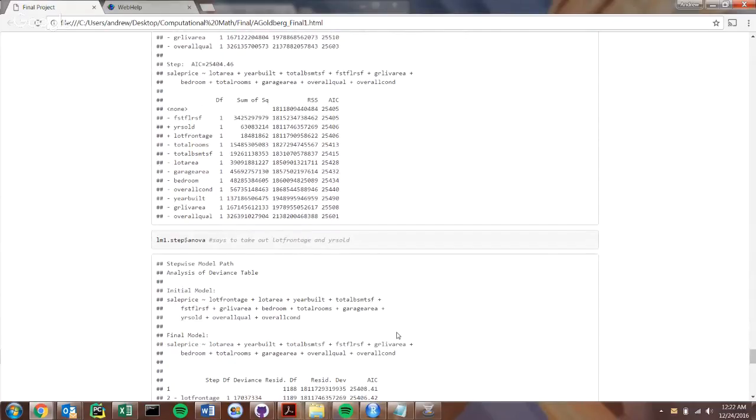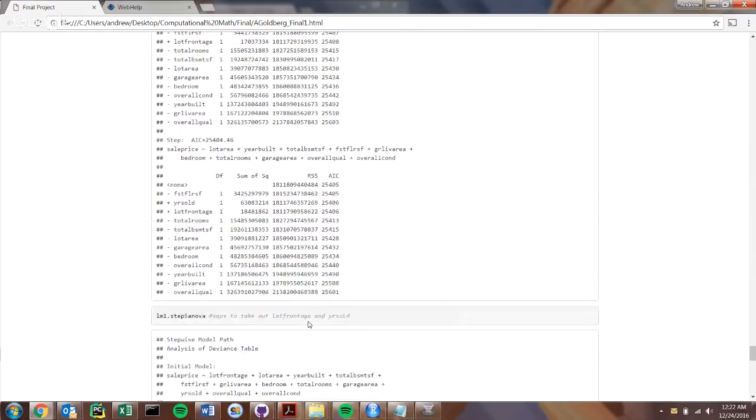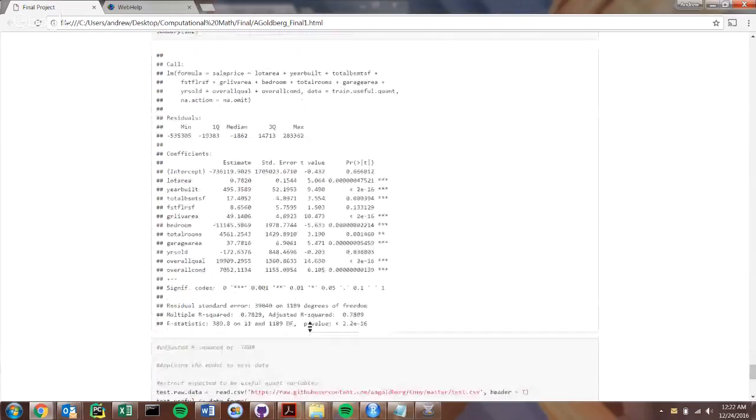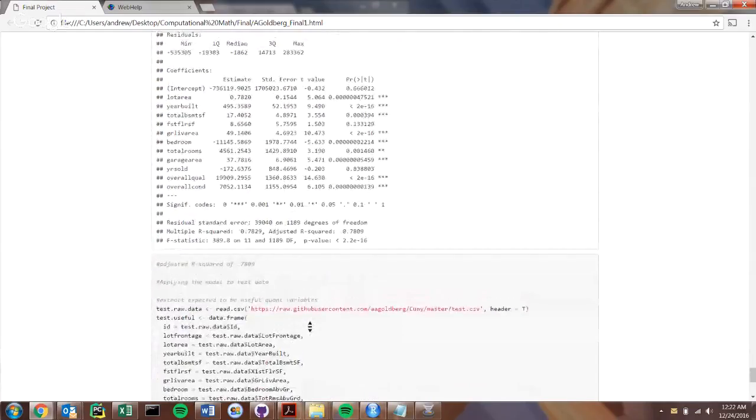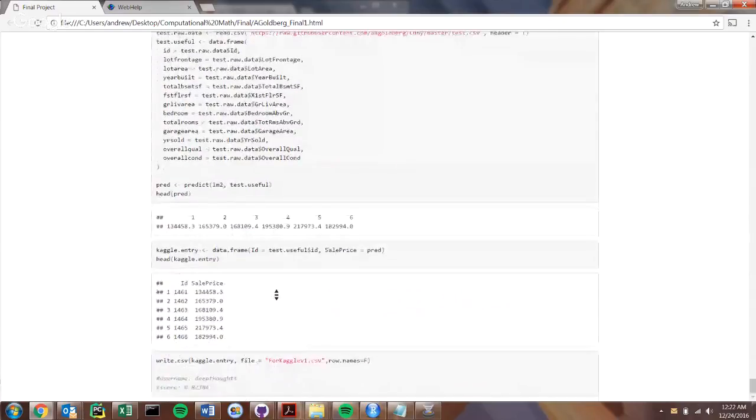So I took those out for the next regression. It improved the R squared to about 0.78, and then I sent that data to Kaggle. As expected, the score was not particularly good, but you can check. It's fairly crude. My username is Deep Thoughts.